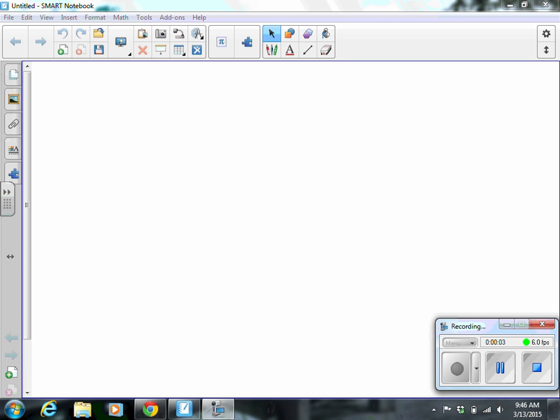This unit is all about functions, and we haven't really dealt with functions yet, per se, but we actually have been dealing with equations of lines and whatnot. Those can be functions. Functions are like a special type of equation, okay?